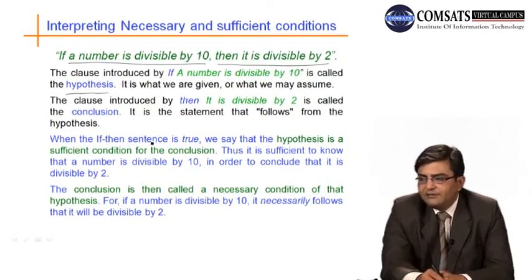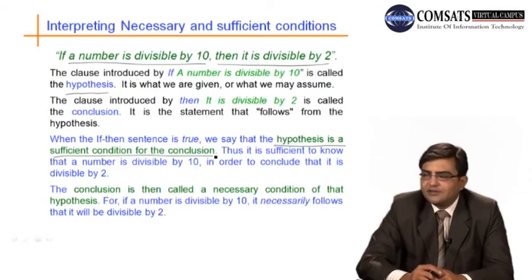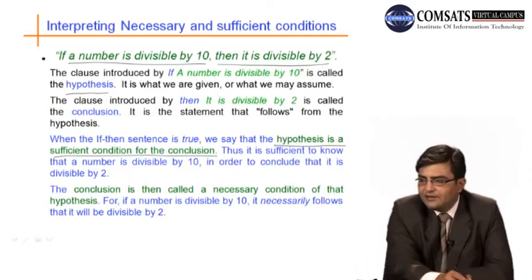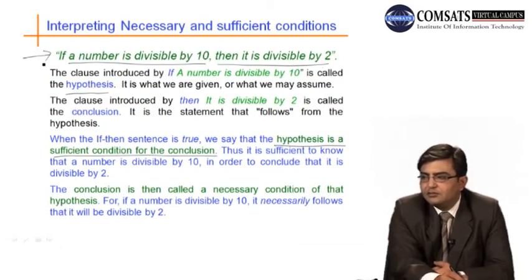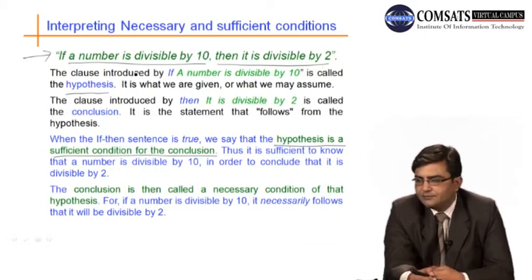When the if-then sentence is true, we say that the hypothesis is a sufficient condition for the conclusion. If the hypothesis is true, or if this statement as a whole is true, then we say that the hypothesis is a sufficient condition for the conclusion.